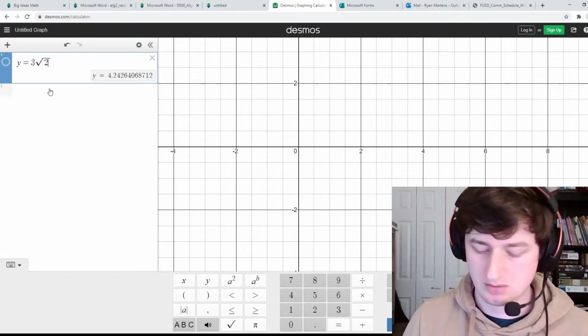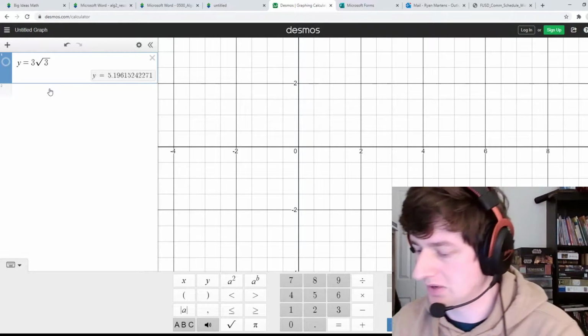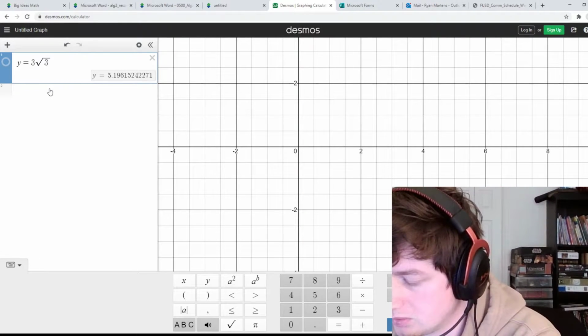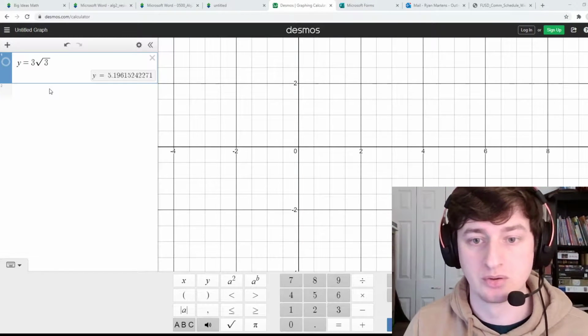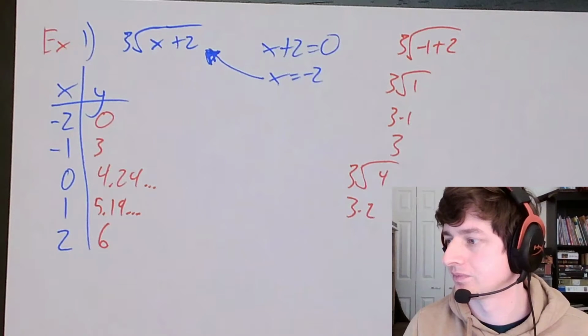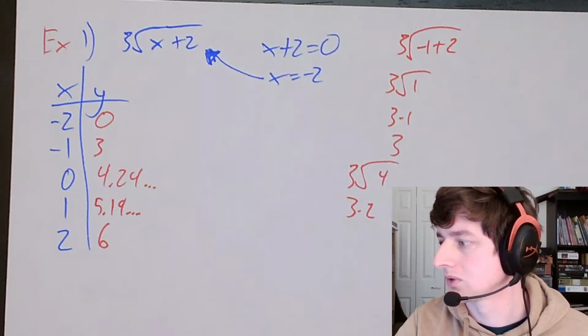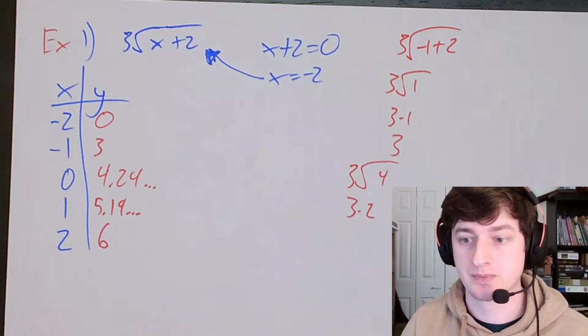And then 3 square root 3, 5.19. Okay, so our table, after a calculator, looks like this. Okay, so then I'm going to graph those points.